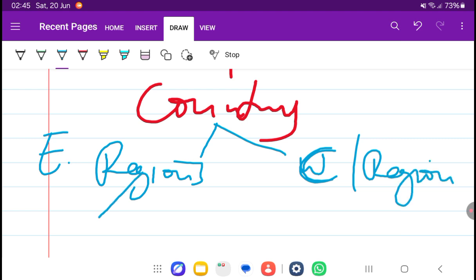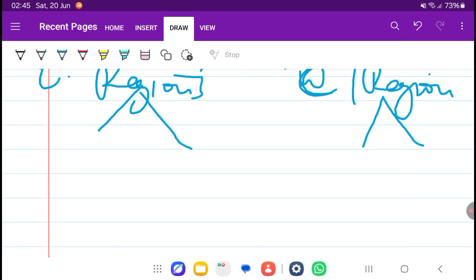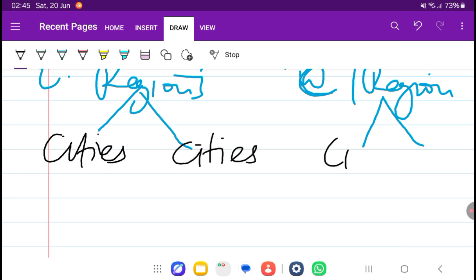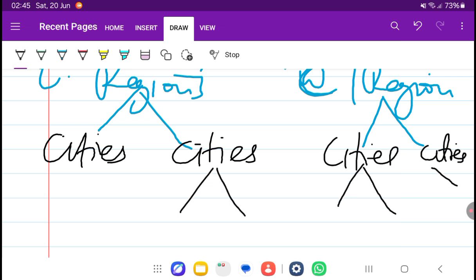Then within these regions, you also pick out cities in those regions, then within those cities you go ahead to pick what we call zones.